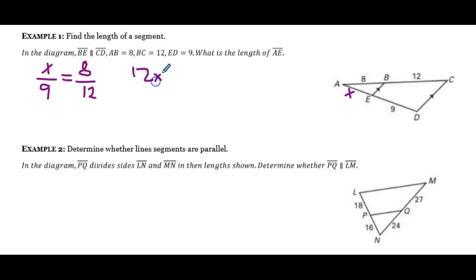So 12x equals 72. So x equals 6. And since technically I was looking for AE, AE equals 6.